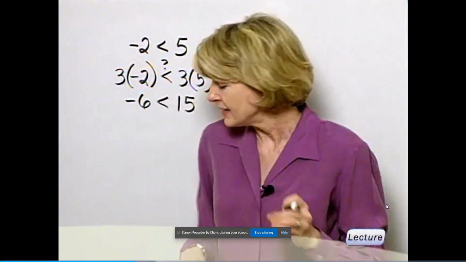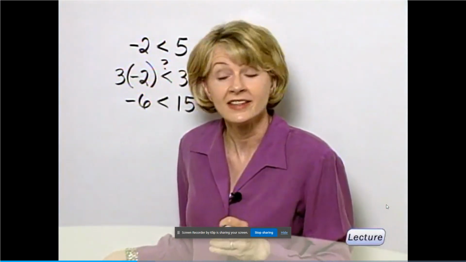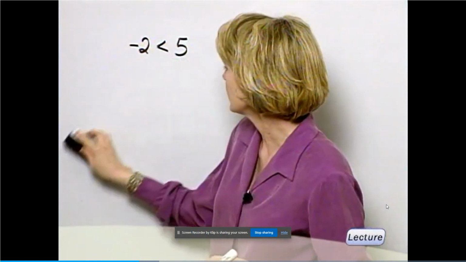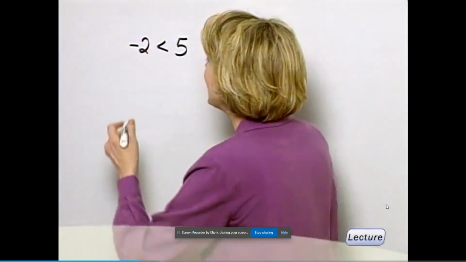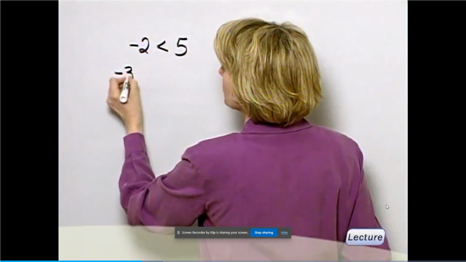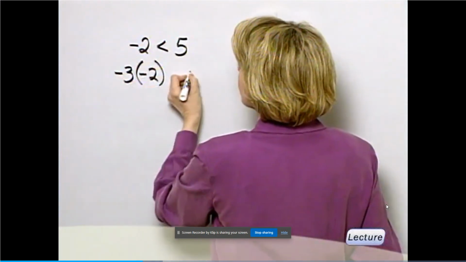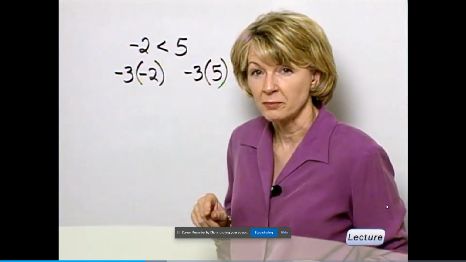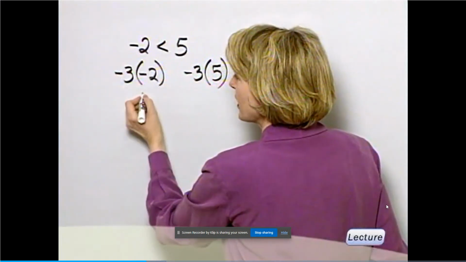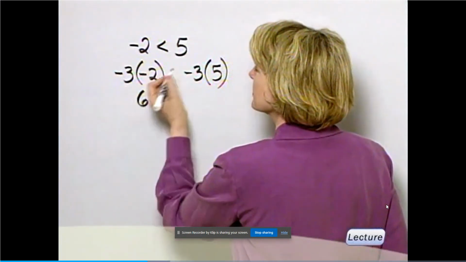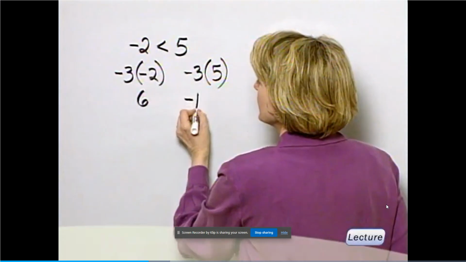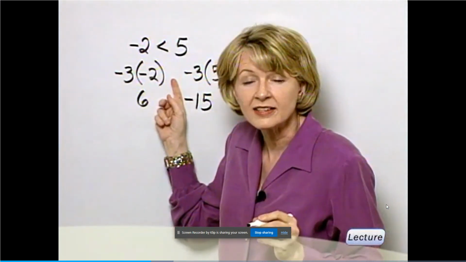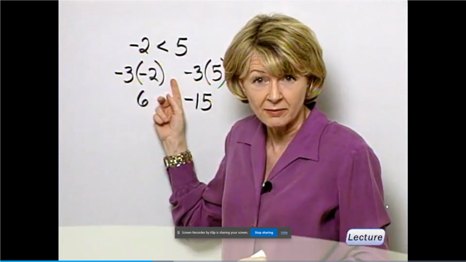Now let's try this with a negative number. Same true inequality. Let's multiply the left side by a negative number, say -3. And let's multiply the right side by a negative number. Now, the left side becomes +6, the right side becomes -15. So does that inequality symbol remain the same?